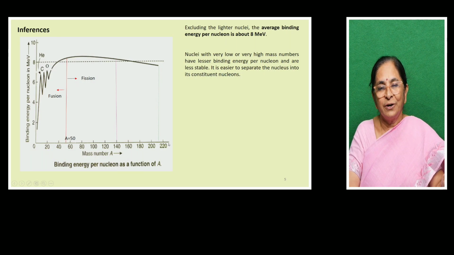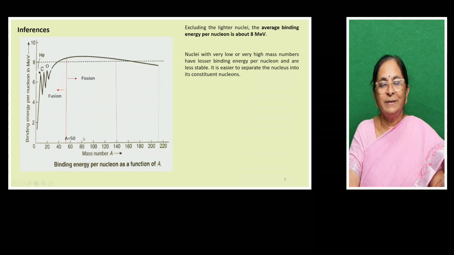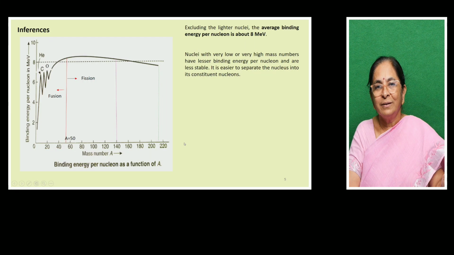Its atomic number is 92, and here the binding energy is becoming less. Its mass number will be 235, so maybe here. Whatever it may be, the binding energy is least.